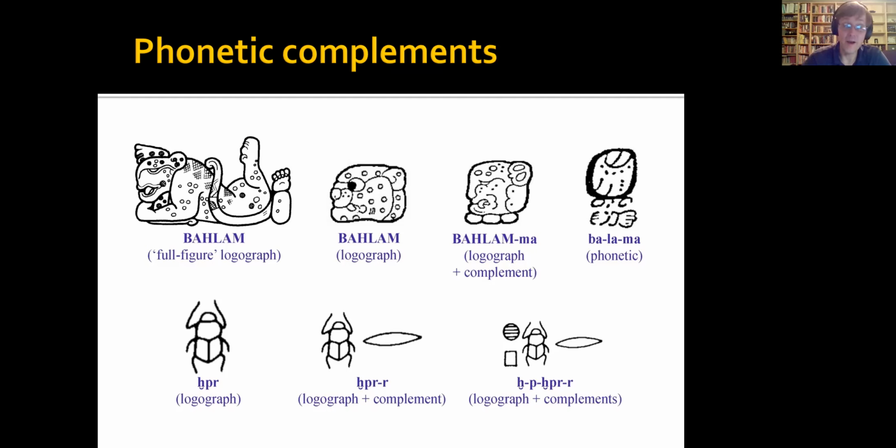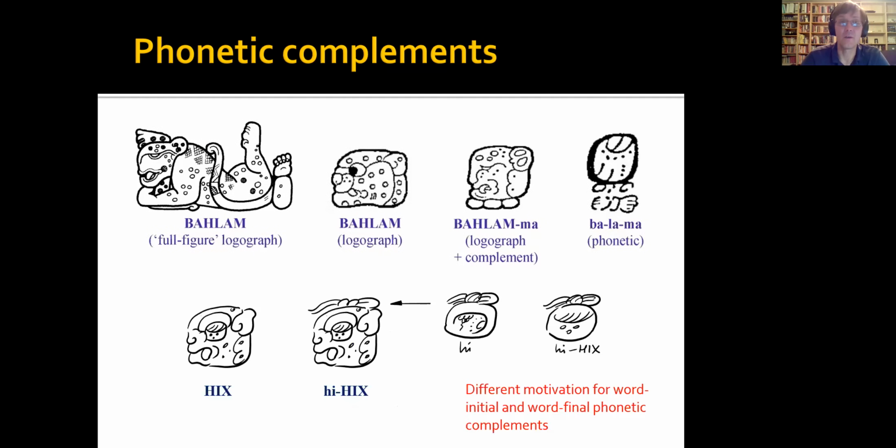Now, in the Maya writing system, phonetic complements can be of 2 kinds: word final and word initial. Word final seem to function primarily to disambiguate. So you have a character that looks like a jaguar, and you read it as bahlam. Then you have a character that looks like a jaguar, and you read it as hish.